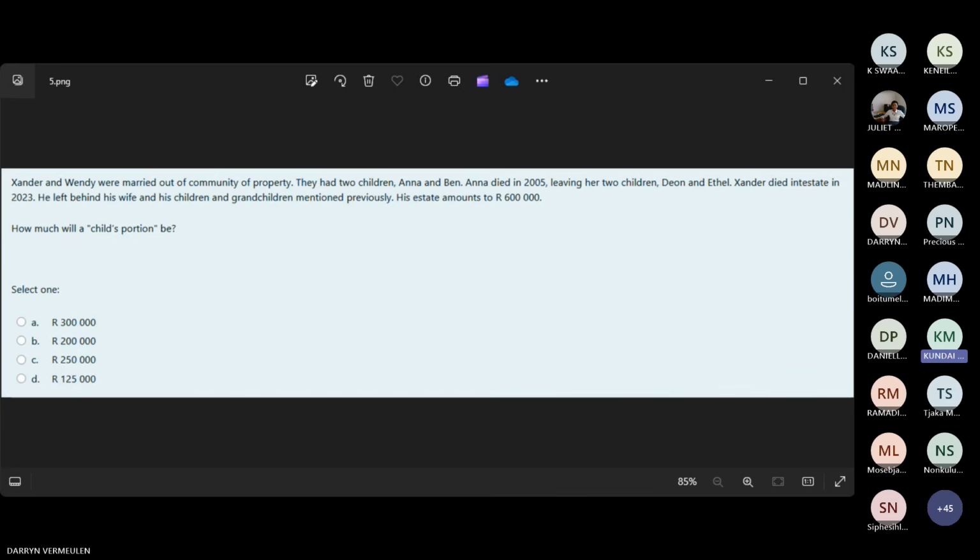Okay, perfect. So the child's portion, I'm gonna go with option B, since there's the surviving spouse, Wendy, and there is 2 children. However, with Anna, she did leave descendants of her own. So it will be 600,000 divided by 3.